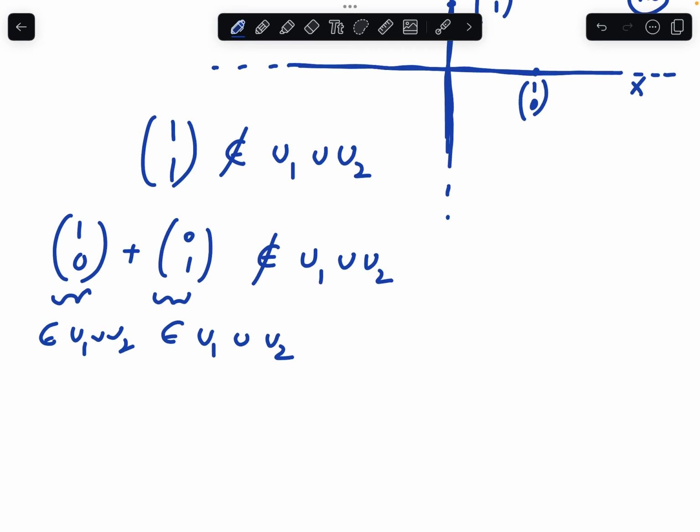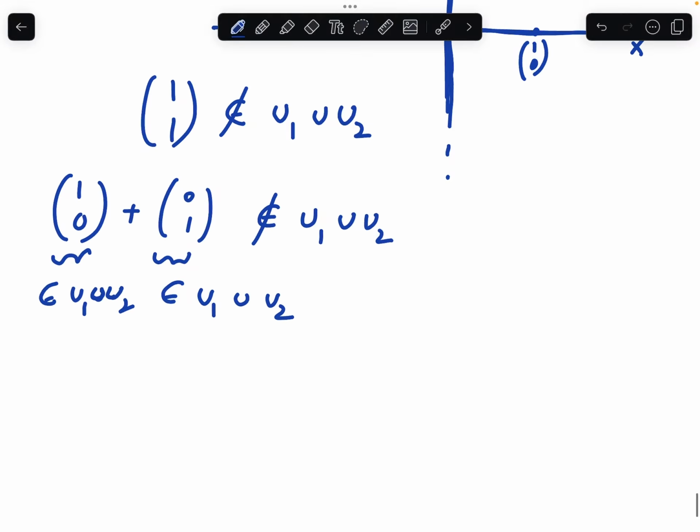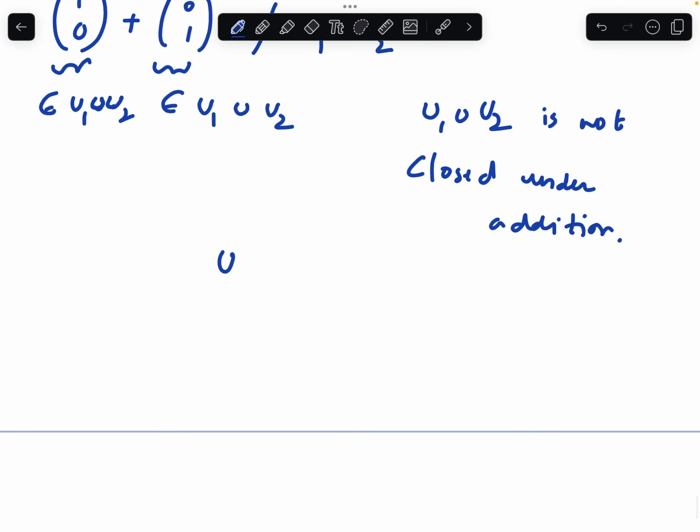So U1 union U2 is not closed under addition, and therefore it is not a subspace of R2.